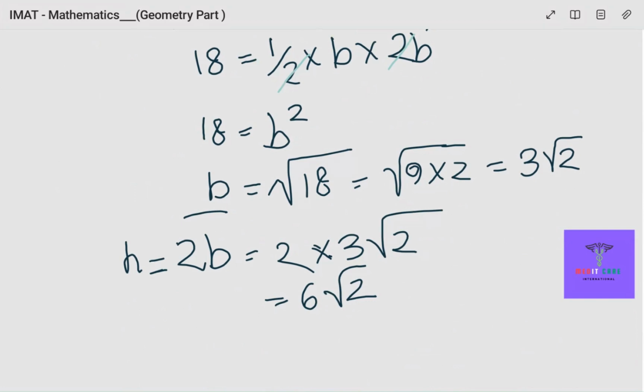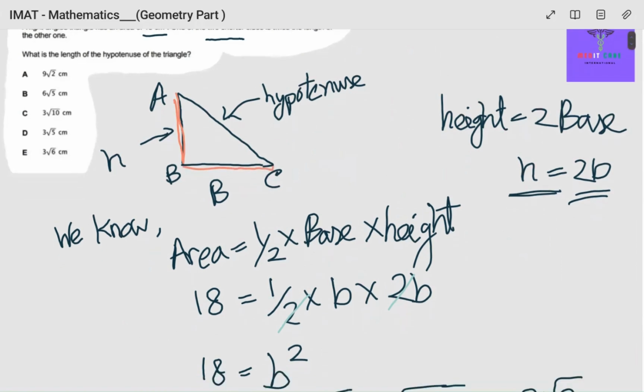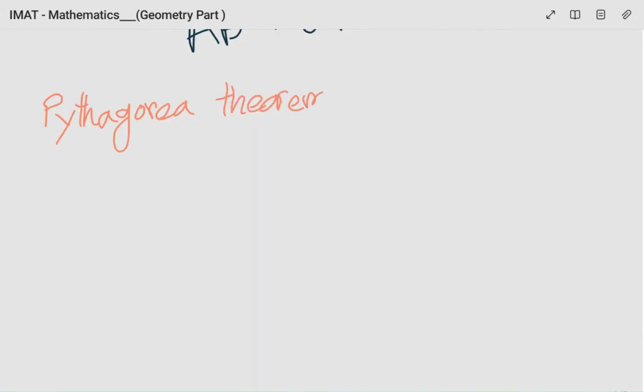So AB is 6 root over 2, and BC we got is 3 root over 2. So now we can find the AC easily with the Pythagoras theorem or the Pythagoras formula.